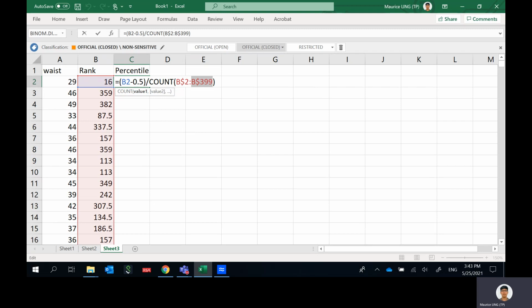The minus 0.5 is because of the ties, the tie ranks.